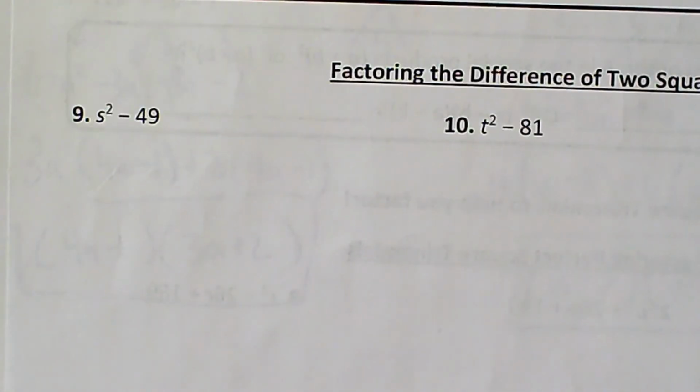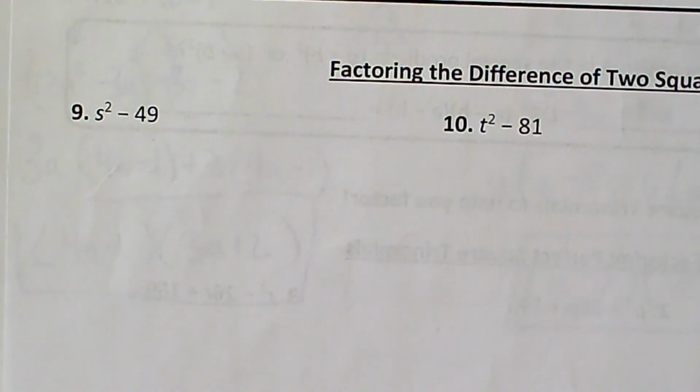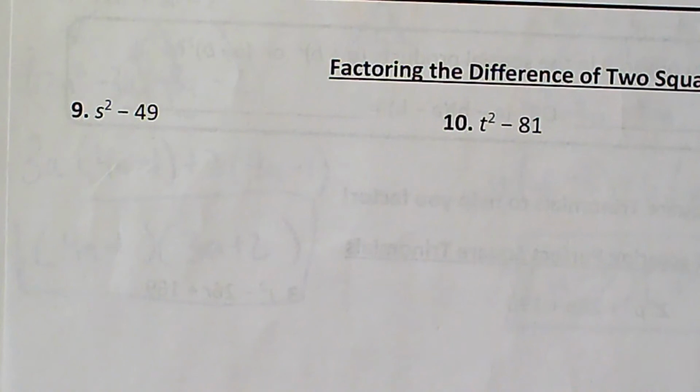S squared minus 49. In order for this to work, both terms have to be perfect squares, okay? And you've got to be subtracting them. So is 49 a square? In other words, what's the square root of 49? 7. So 49 is considered a perfect square.